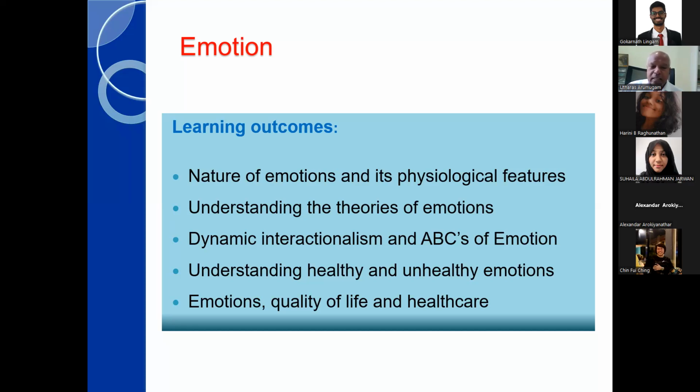You look at the ABC model, that's used by the cognitive behavioral approach to study emotion, and also to help people overcome their emotional problems. We normally use the ABC model in understanding healthy and unhealthy emotions, because we want people to experience a wide range of emotions, but we don't want them to experience unhealthy, negative emotions.